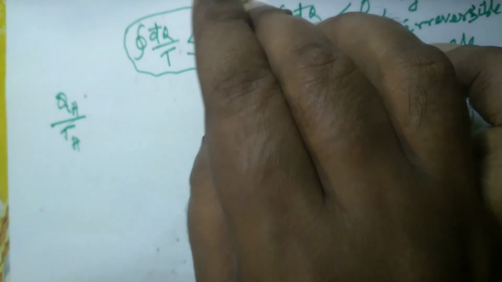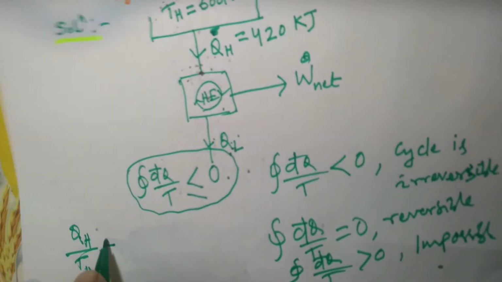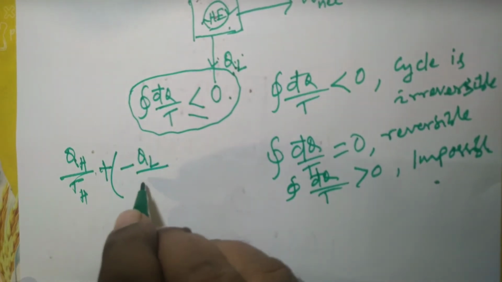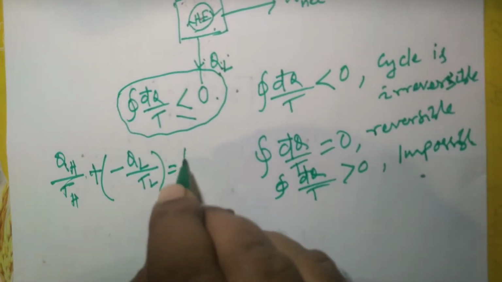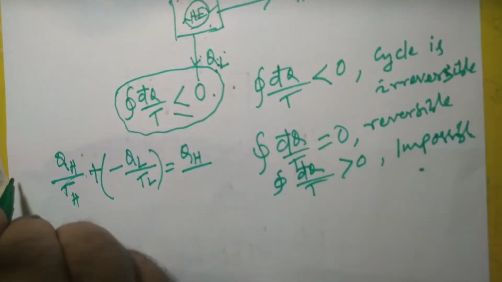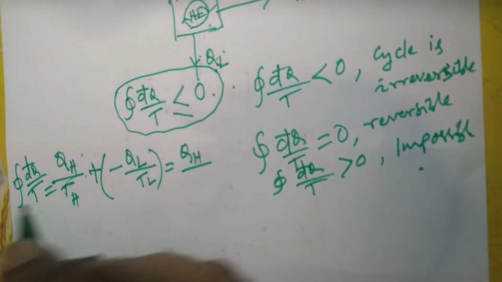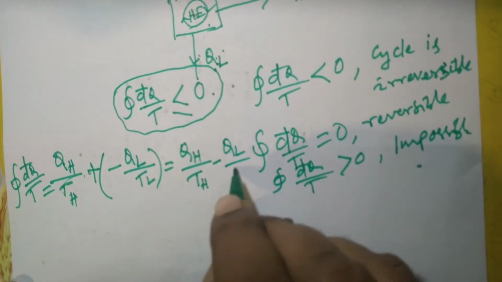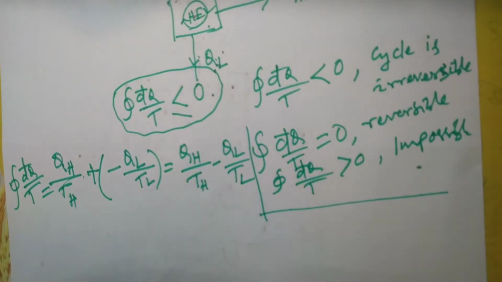Heat added to the cycle is Q_H, so a positive sign is placed before Q_H, but a negative sign will be placed before Q_L because heat is rejected from the cycle to the low temperature reservoir, that is the sink. So the cyclic integral of d cut Q by T is equal to Q_H by T_H minus Q_L by T_L.